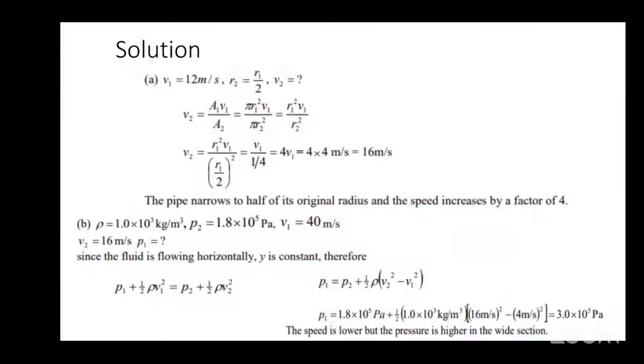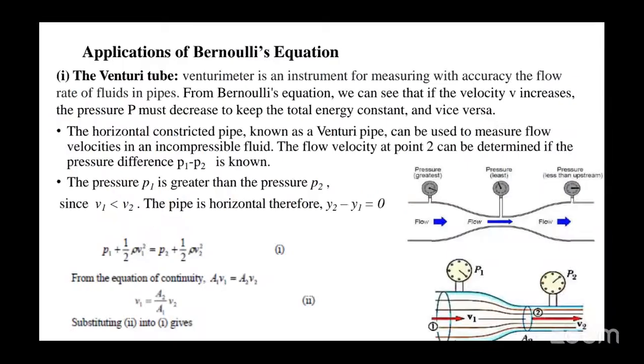And we apply this equation to Venturi tube. A Venturi tube is a horizontal pipe, a pipe that is made horizontally. There is no height difference. So since there is no height difference, it simply implies that the height parameter in Bernoulli's equation becomes 0, because at the entering point of the fluid and the exit point of the fluid, the heights are the same.